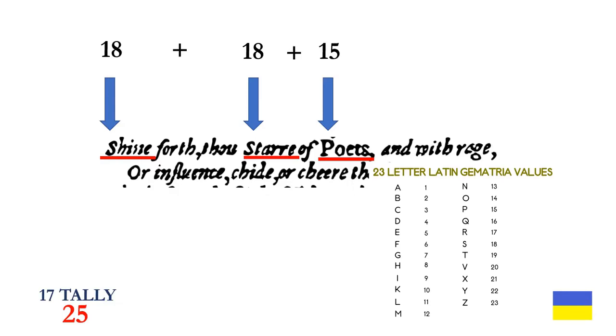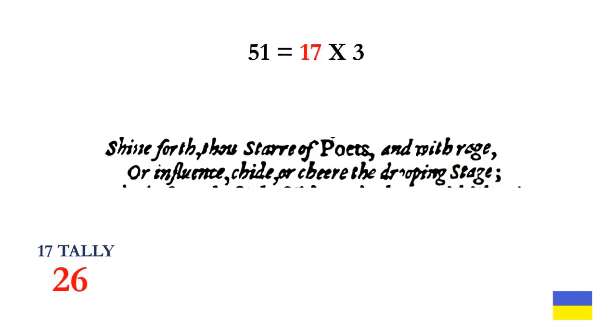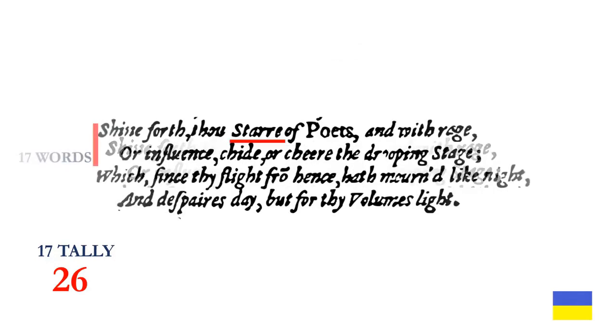Together, we get 51. 3 times 3. We also know that the line or the couplet has 17 words. But if we count from the beginning of that couplet, the 34th word becomes volumes.